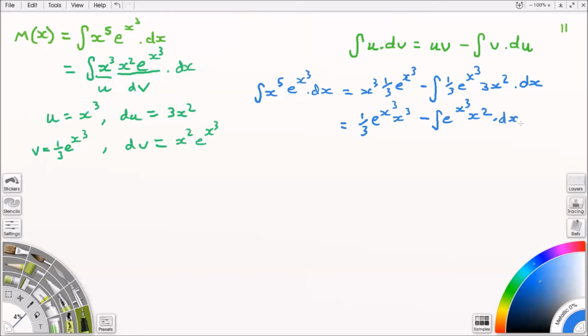So now I think we're ready to integrate this again, which we integrated earlier up here. So we already know what that integral is going to be.